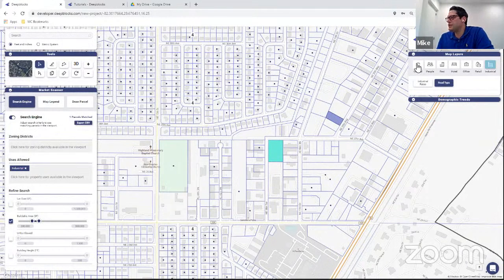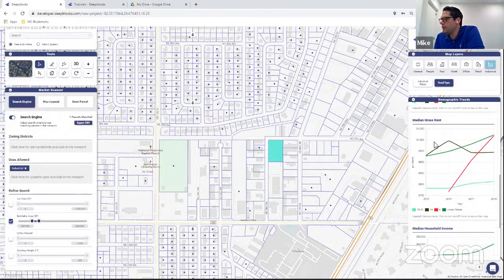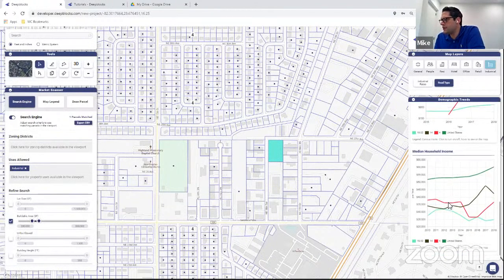We can also continue to look at the demographic trends in this particular census tract. Now, we used the previous report to get an idea of the gross buildable and some of the other key indicators. But if we want to look at median gross rent or median household income in census tract 4, we can turn the other ones off.